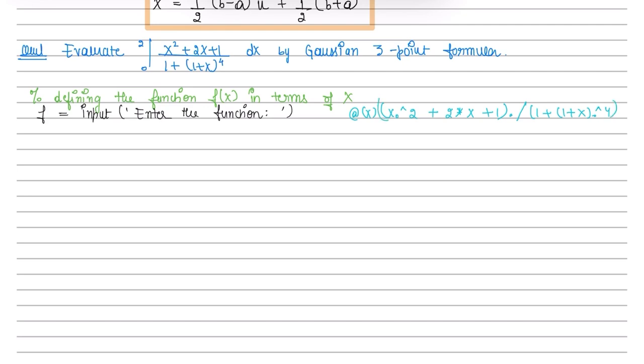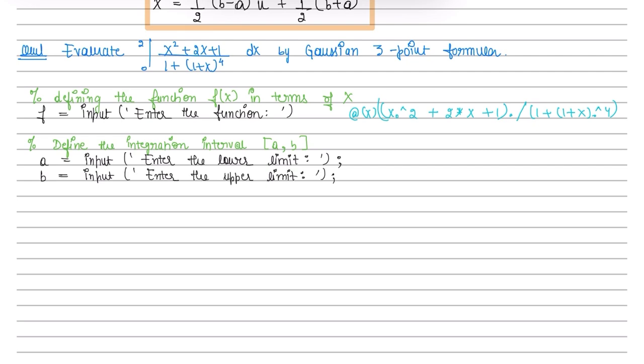After that, we will define the integration intervals. Firstly, taking the value of lower limit in variable a and the value of upper limit in variable b. In this question, the lower limit is given as 0 and the upper limit is given as 2.